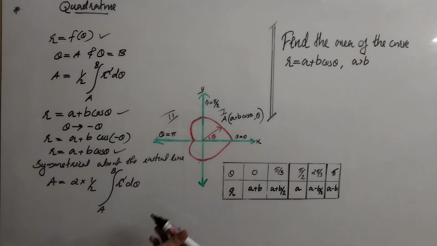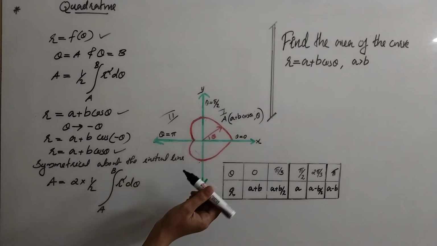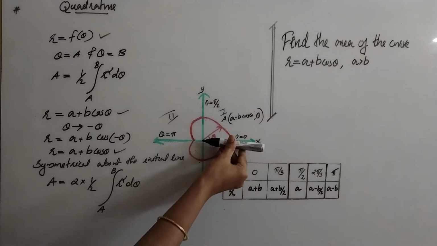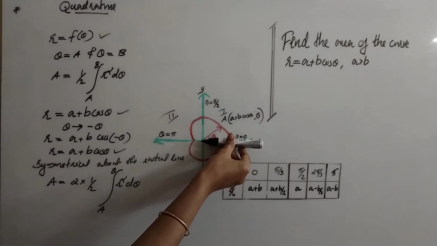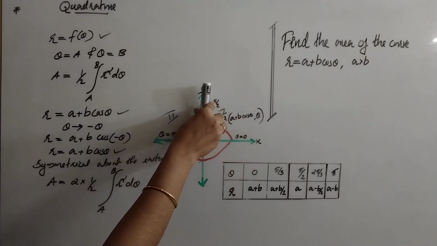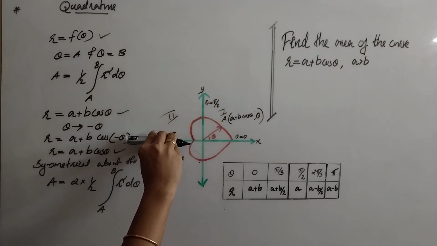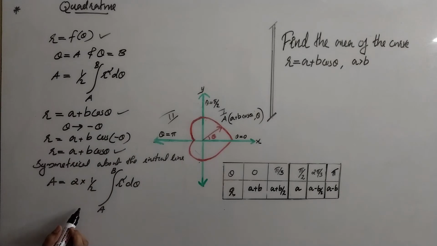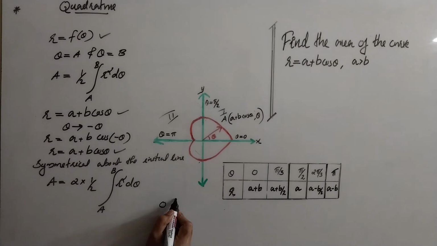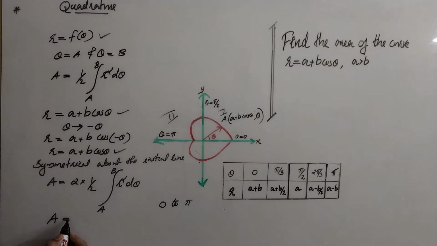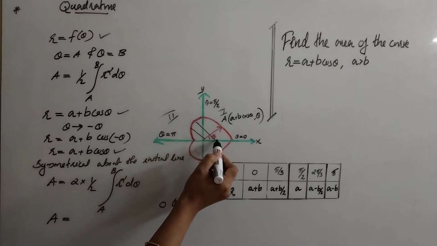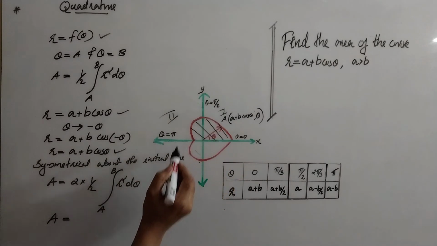Here we can see that in the first and second quadrant, the value of theta starts at 0 and increases to theta = pi by 2, and here it is theta = pi. So the limits of integration vary from 0 to pi. So the required area is twice the area enclosed in the first and second quadrant.